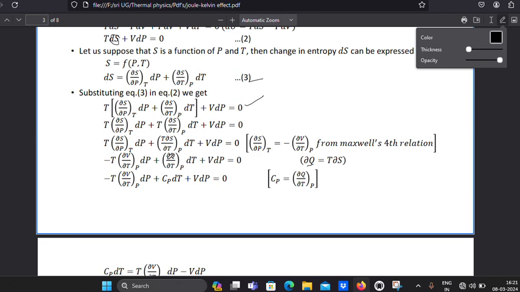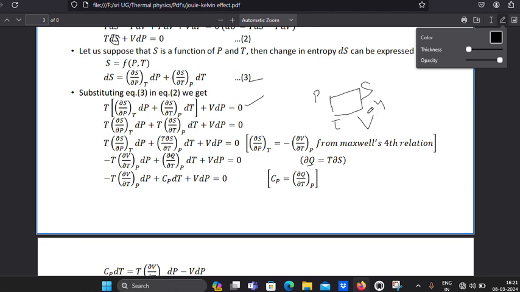And to this apply the Maxwell relation. Which relation? ∂S/∂P is −∂V/∂T. It is the Maxwell fourth relation. If you want to know the derivation, please draw the logic box, that is P S T V. What is there? ∂S/∂P, then ∂V/∂T we get, right?